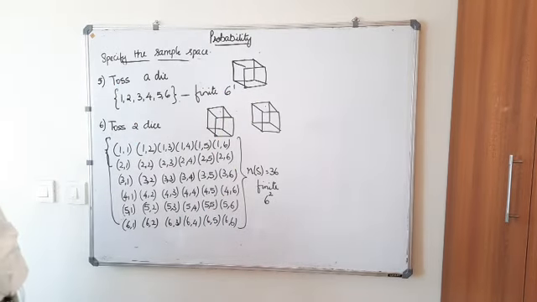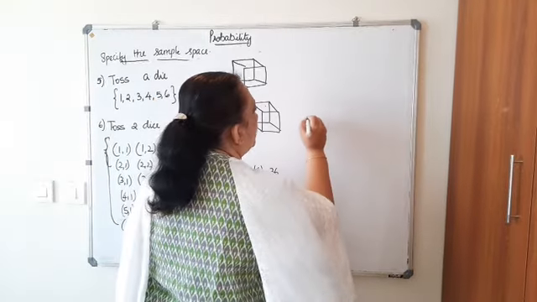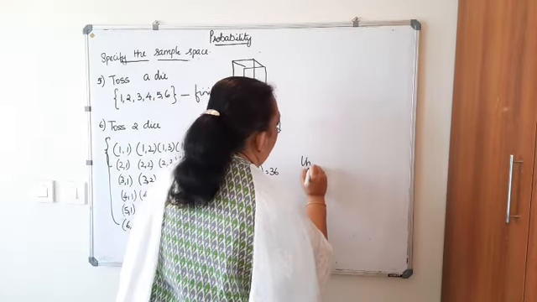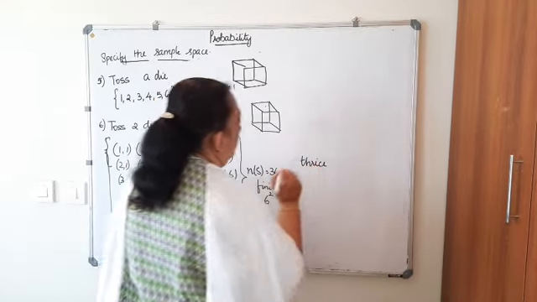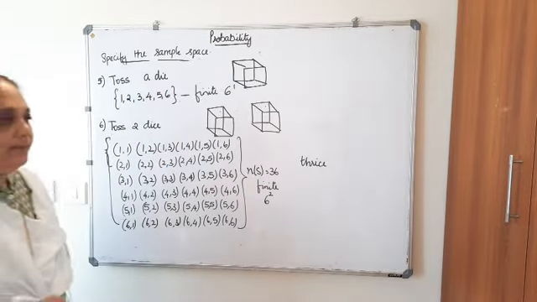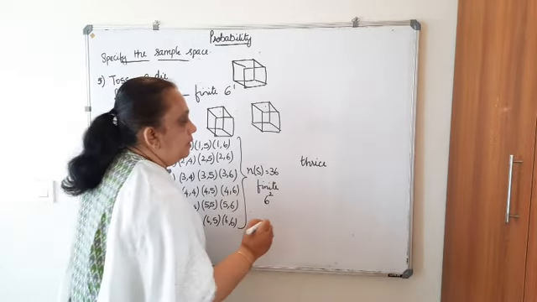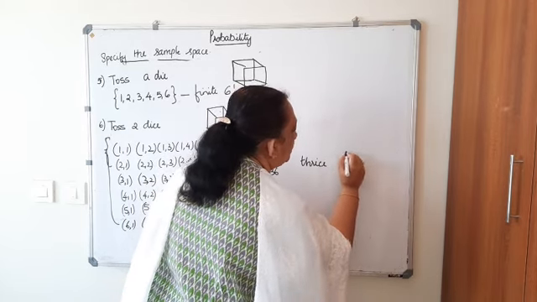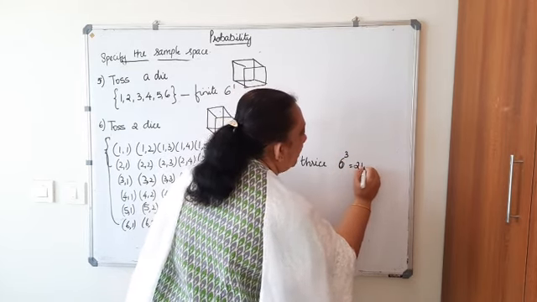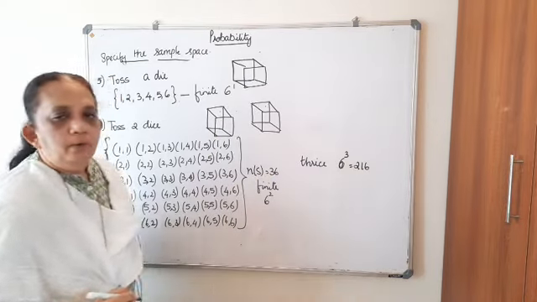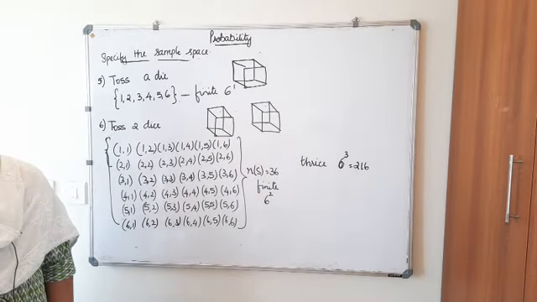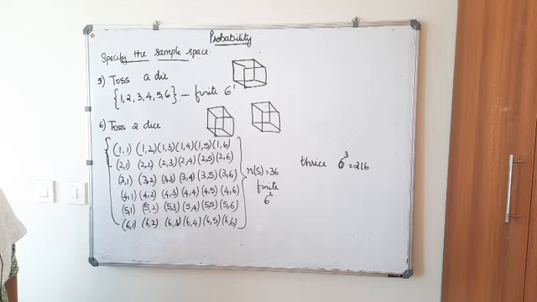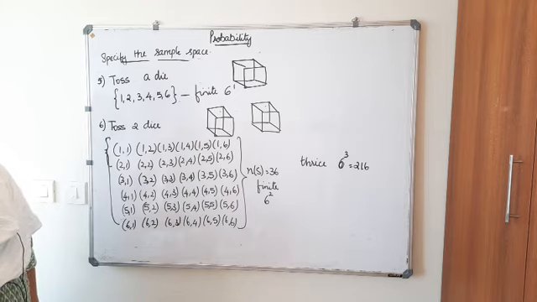Now, when you toss a die thrice, the number of outcomes of the sample space is 6 raised to 3, which is equal to 216. If you want, you can write them out, but it is a tedious process. But you can count the number of outcomes correctly: 216.